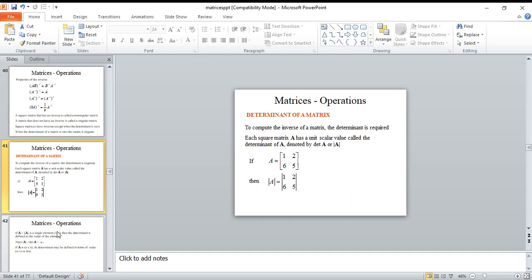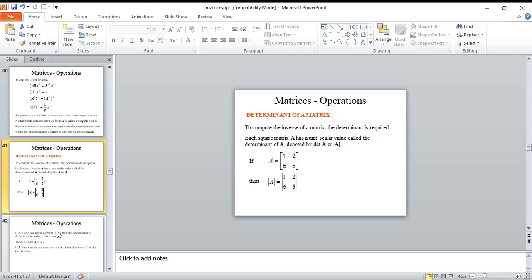Determinant of a matrix. Before going to the inverse, we have to know the determinant. To compute the inverse of a matrix, the determinant is required. Each square matrix A has a unique scalar value called the determinant of A, denoted by det A or mod A. So the determinant gives a single value for the whole matrix.